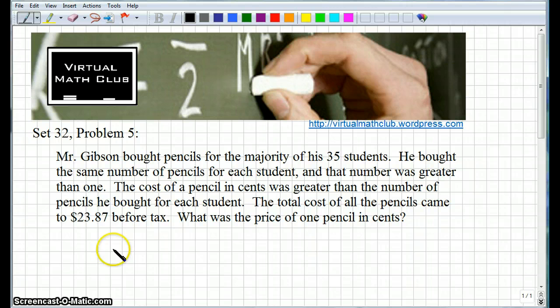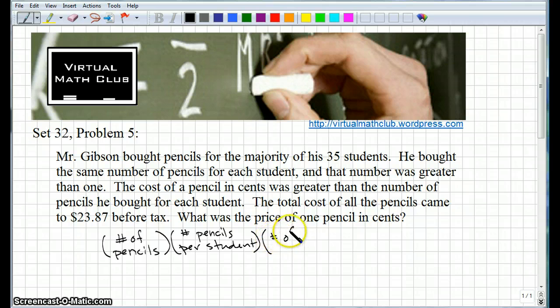Alrighty, well, we know that if we knew the cost of a pencil, and we were to take that times the number of pencils per student, and then if we took that times the number of students, we don't know the number of students, because it says that he only bought pencils for the majority of the 35 students, not all of them.